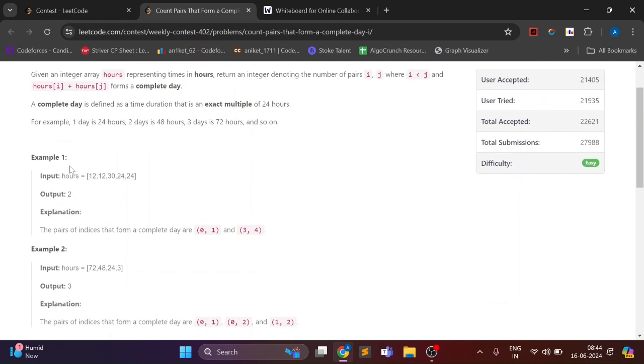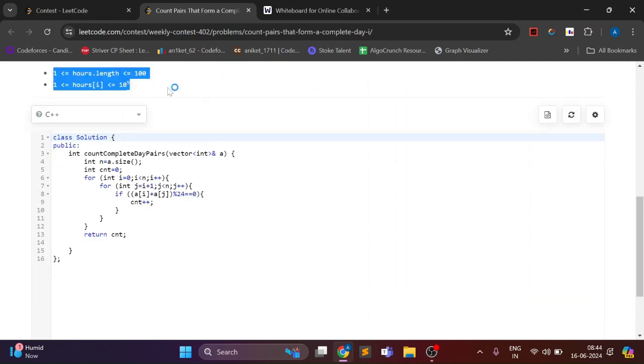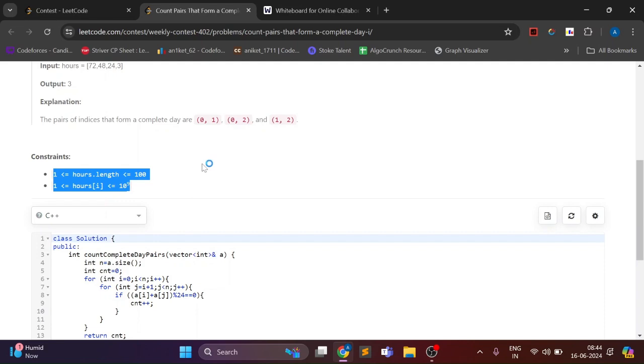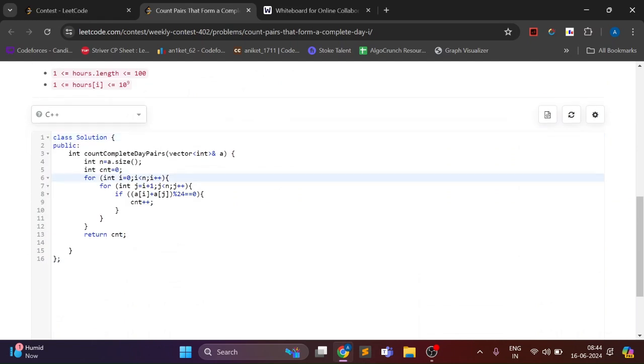Now this has very low constraints, so a normal brute force of n square would work. Let's see the code directly. First I have declared n as the size of that vector, and a counter. Now I have two nested for loops.